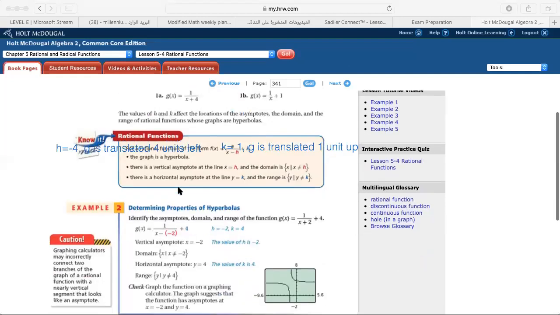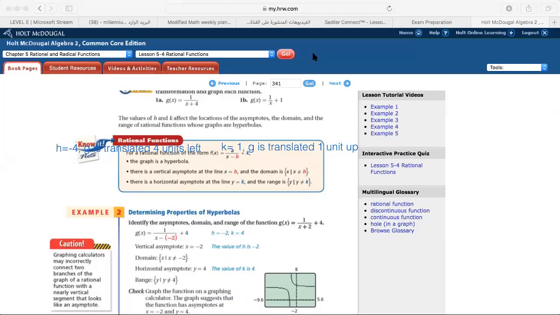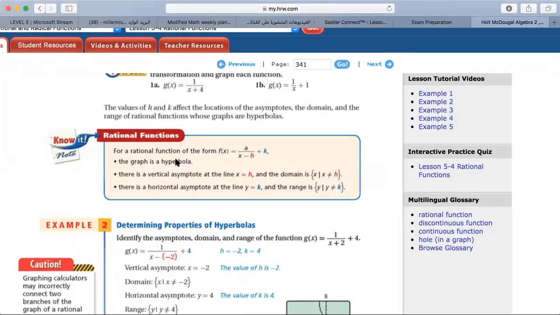Okay, girls, let's continue today with the rest of this part. We have rational functions. Let's learn more. For a rational function of the form f of x equals a over x minus h, plus k, the graph is a hyperbola.